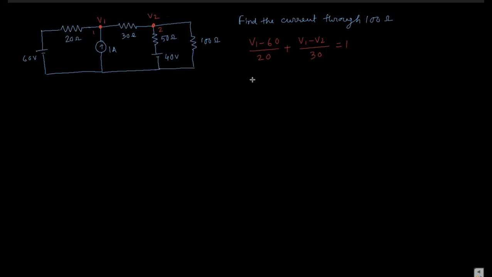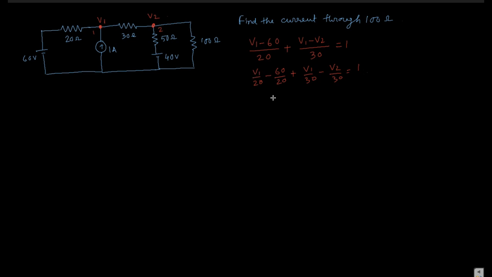So this is not easy to solve because it is V1 by 20 minus 60 by 20 plus V1 by 30 minus V2 by 30 is equal to 1.